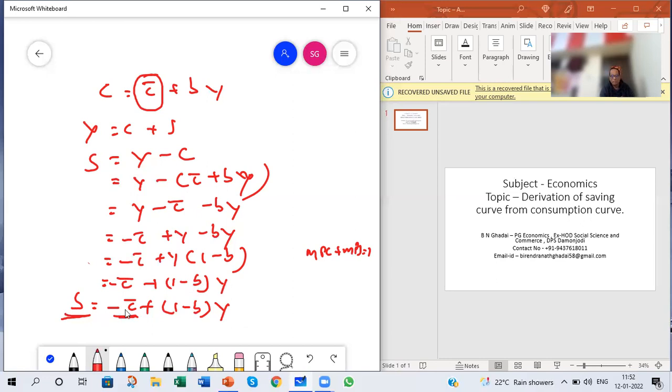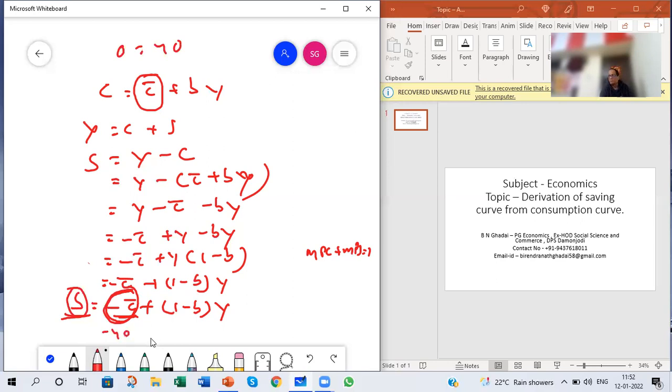So the saving function is minus C bar plus (1 minus b)Y, where S is the saving function and minus C bar is negative saving, equivalent to the autonomous consumption. The consumption at zero level of income is autonomous consumption, and this same amount will be dissaving. So that's why here we write minus C bar. Suppose at zero level of income your consumption is 40, then this minus C bar will be minus 40.